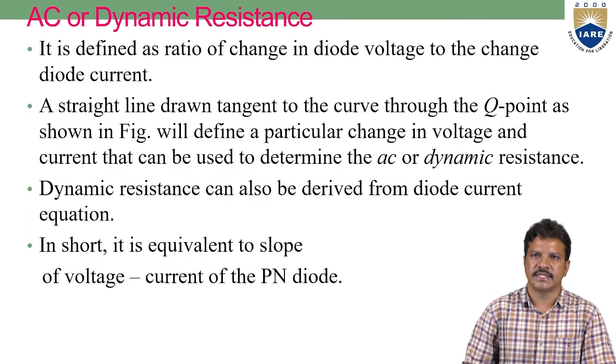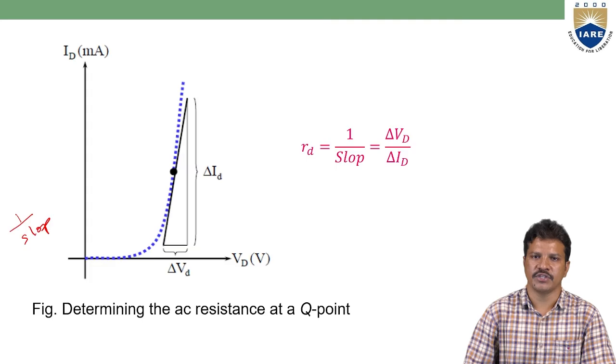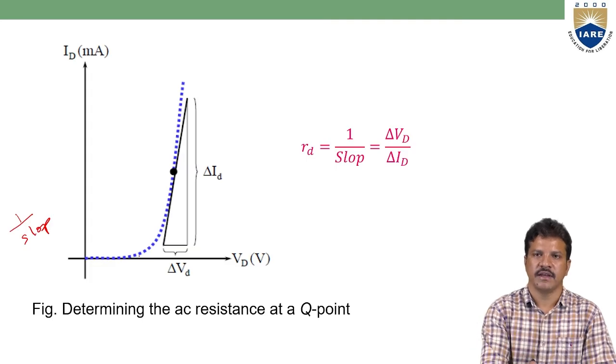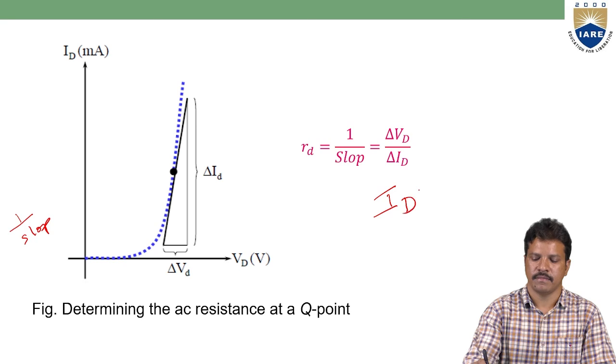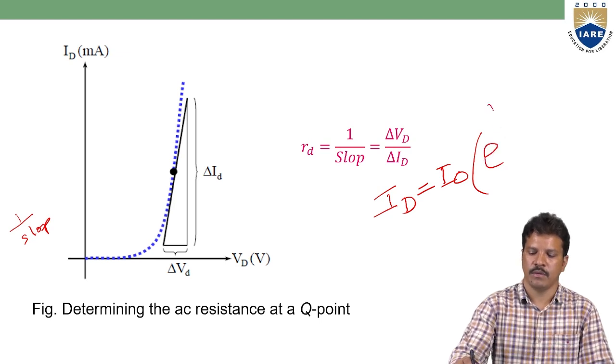So this dynamic resistance can also be derived from the diode current equation. Let us see how to derive the dynamic resistance from the diode current equation. If you see this characteristic curve, the blue line, the diode current can be written as ID equals I naught e power VD by eta VT minus 1.